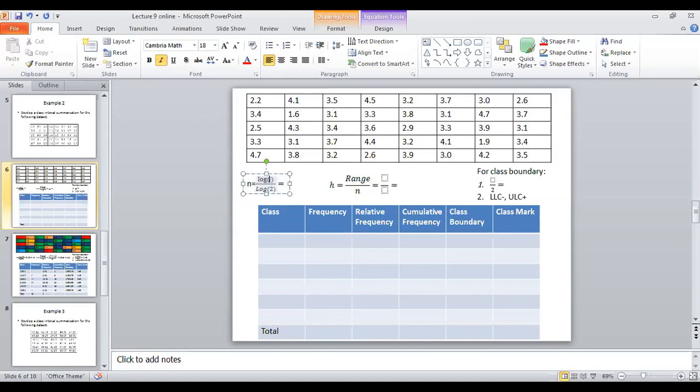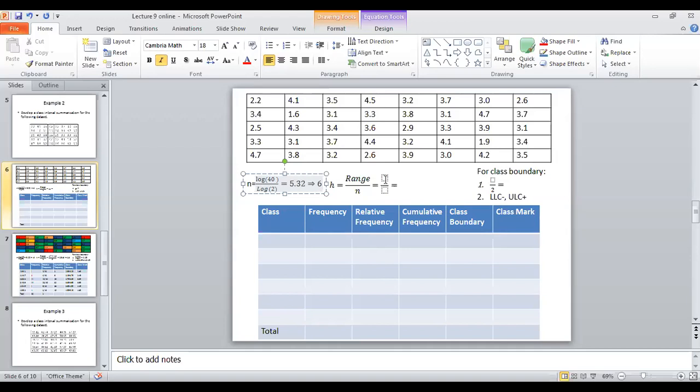If we replace capital N with 40 and find log 40 divided by log 2, we get 5.32. This can be approximated to 6, which basically means that the total number of classes in our data set is 6.